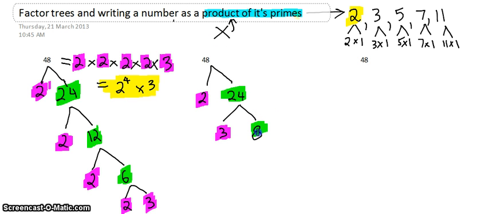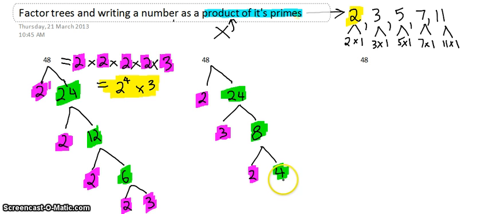And 8 is a composite number, so I can factorize that further. And to get 8, I can go 2 times 4. Doesn't matter which branch you write your prime on and which branch you write your composite on, as long as you know which ones stop and which ones keep going.